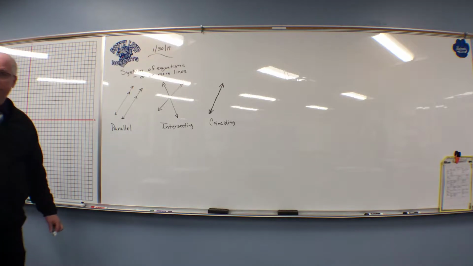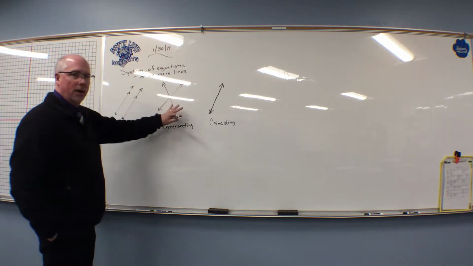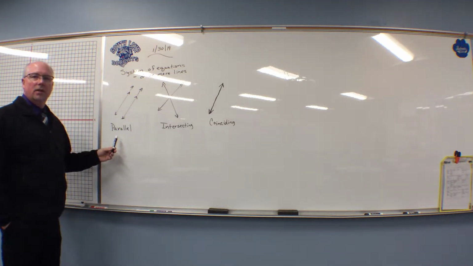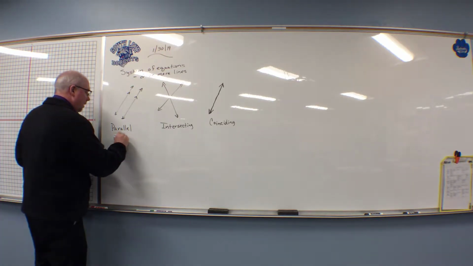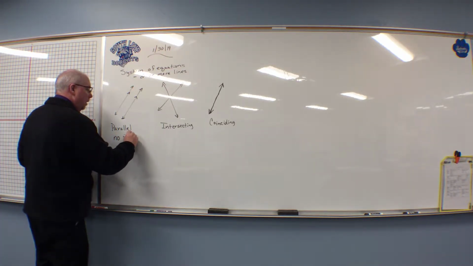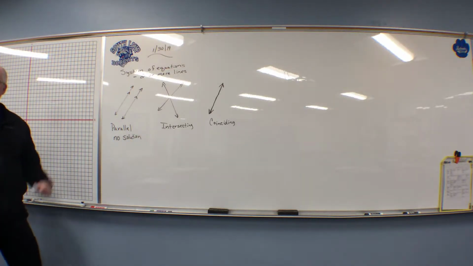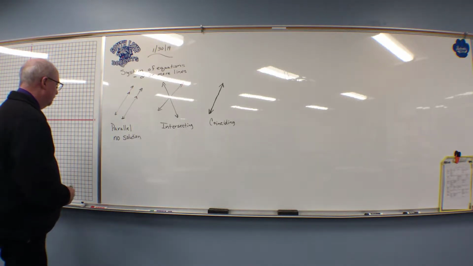Do you understand that? So let's talk about this. These are systems, right? How many points of intersection does this system have? Zero. So this has no solution. In other words, if we're looking for a solution of the system, this one has none.